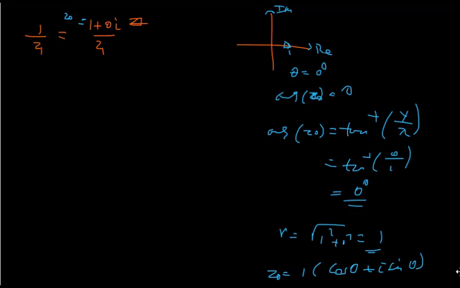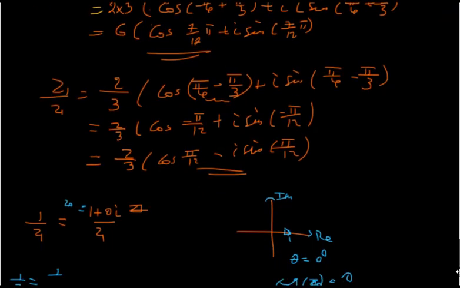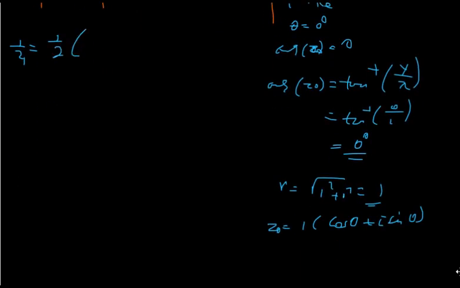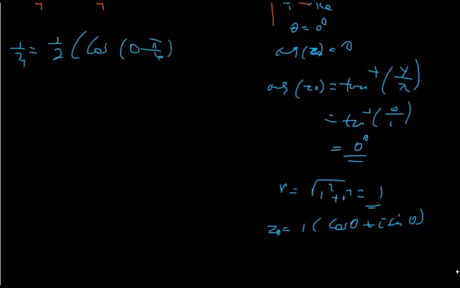So this is 1 over z1, in this case z naught over z1, which is the modulus of z naught, 1, over the modulus of z1, which is already here, 2, into cosine of 0 minus pi over 4, plus i sine of 0 minus pi over 4.